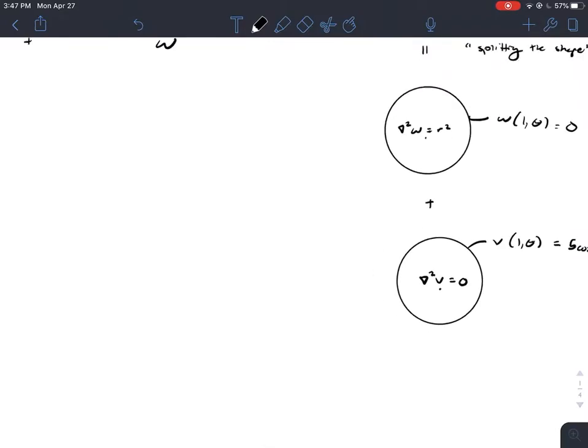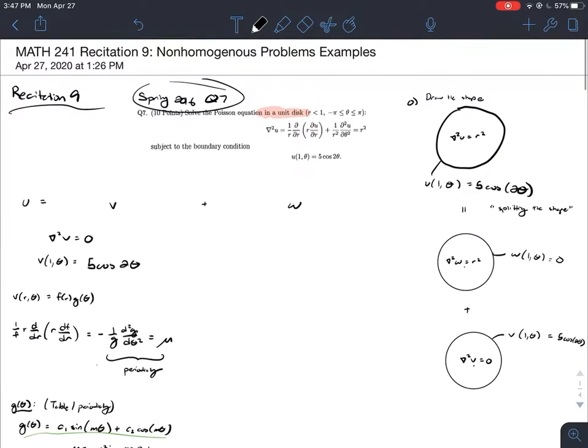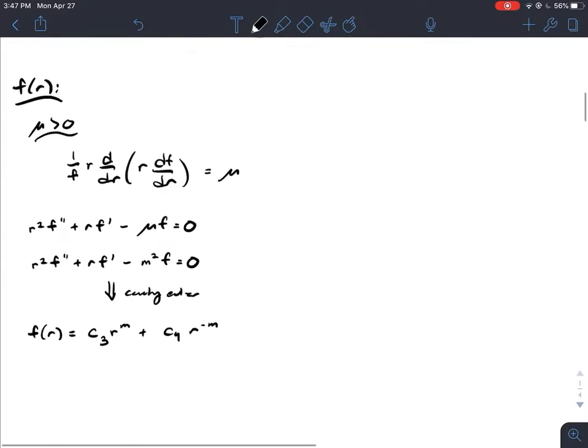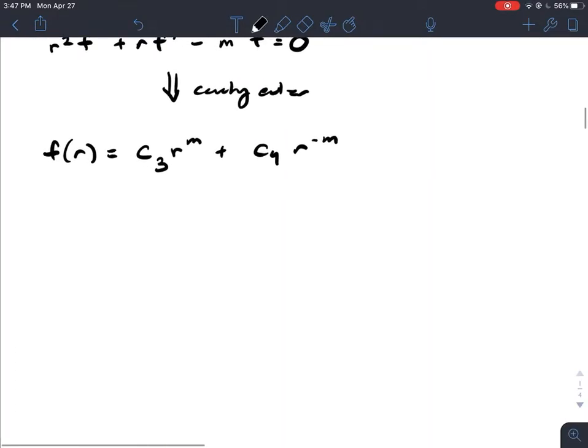Right, so the singularity condition, quickly repeating for the u case, is that the limit of u of r, theta as r approaches 0 has to be less than infinity. So this is the boundedness condition. Hopefully that sounds familiar. Because the center of a circle in polar coordinates has a singularity. So this condition must also hold true for the f of r function.